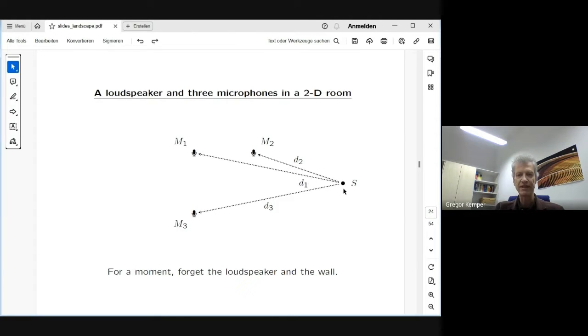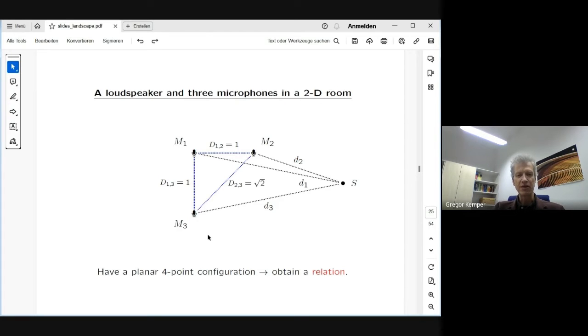So we need to identify S. And what we are measuring is also these three distances, because as I said, the loudspeakers know, the microphones know when the sound was sent, and they even better know when they received it, so they know the total distance traveled by the sound, so they know D1 up to D3. They also know the distance they have between each other.